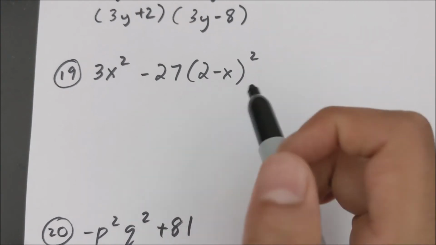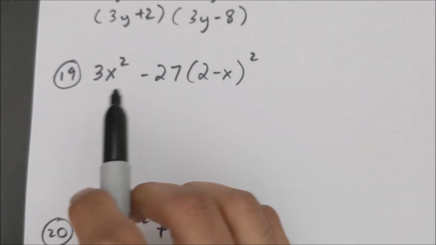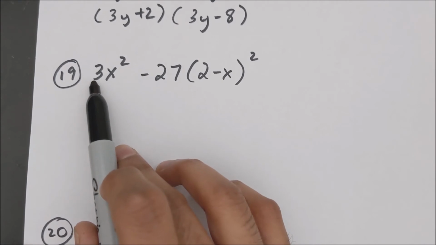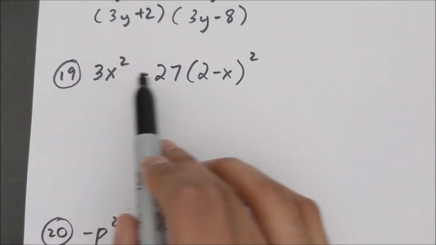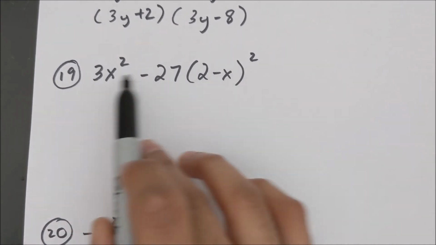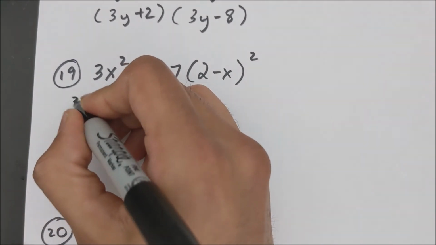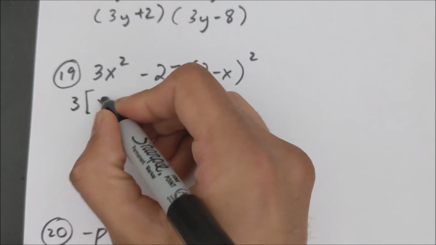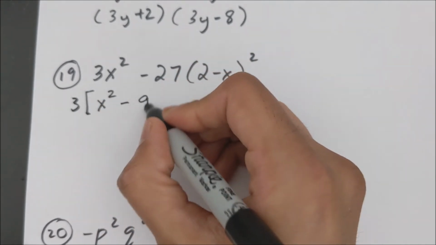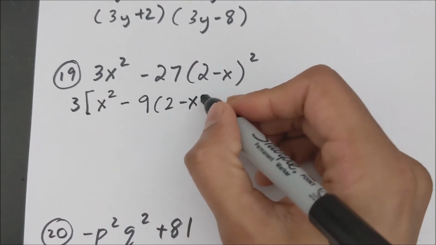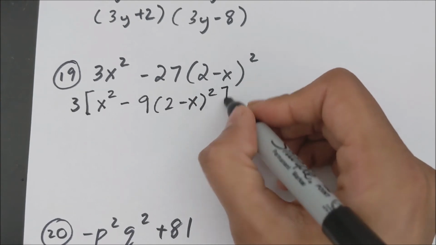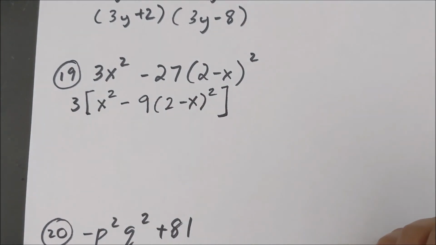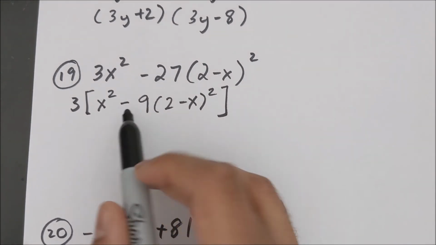Exact same thing with this one here. However, this is not square rootable because 3 is not square rootable, but what I notice is there is a common factor of 3 in both these terms. I'm going to start by taking out the 3, put a nice big square bracket. That's x squared minus 9, (2 minus x) squared. Now you notice with these two terms, they are both square rootable, which means I can do difference of squares.